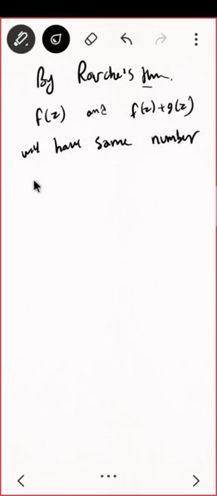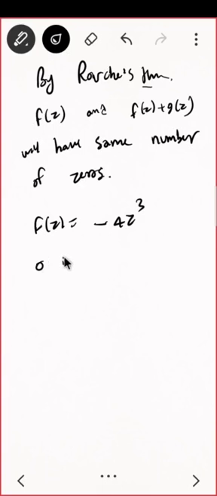What do you mean by that? F of z is minus 4z cube, so 0 is a root of f of z with multiplicity 3.